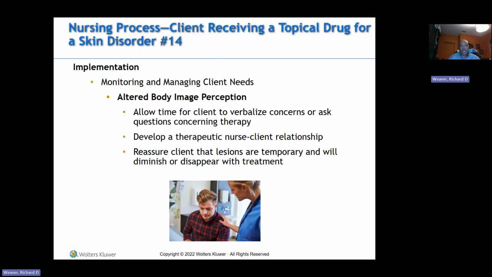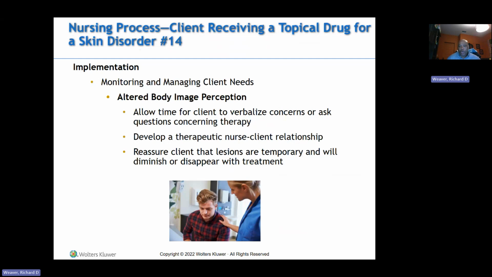You will learn more about therapeutic nurse-client dialogue when you get into psych. They talk about therapeutic nurse-client communication, if you will. But basically, you're being non-judgmental and open and allowing the client to talk.